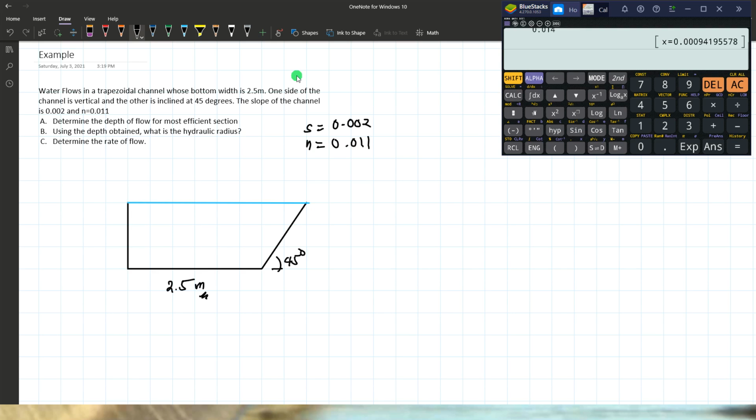Again, the most efficient section for a trapezoidal section is that the sum of the sides should be equal to the total length of the top width. Let's say this is y sub 1, this is y sub 2, and this is x. So y sub 1 plus y sub 2 equals x.